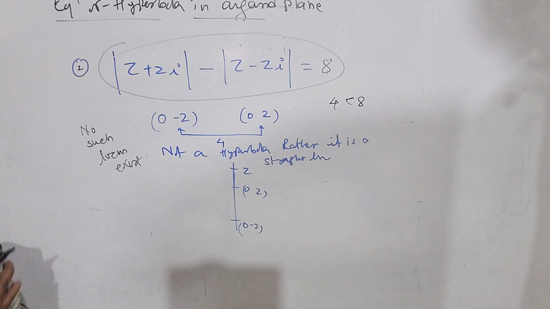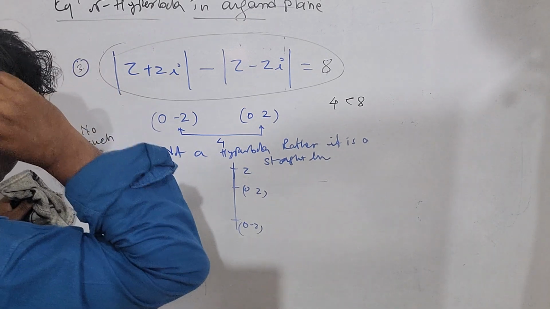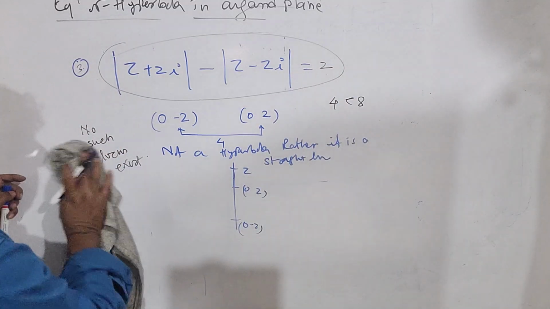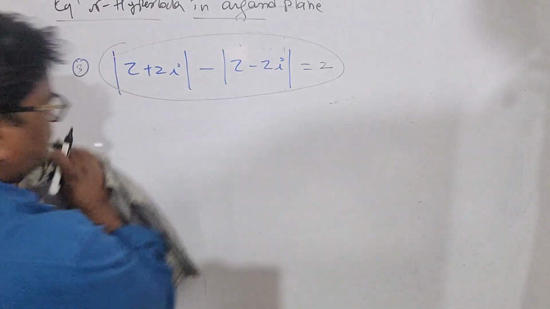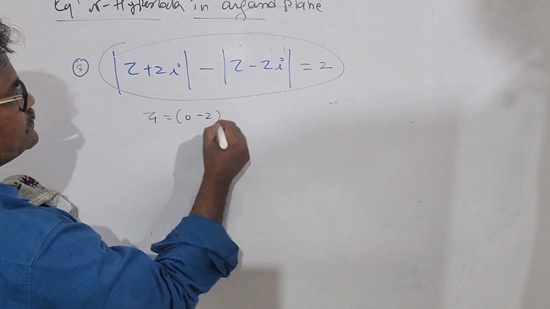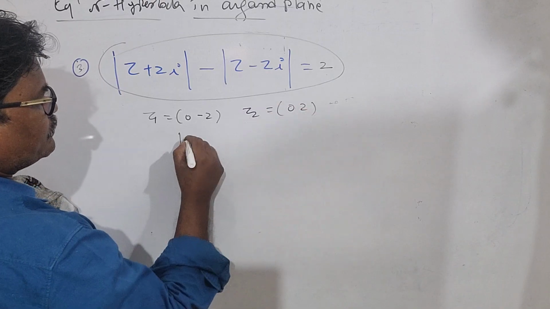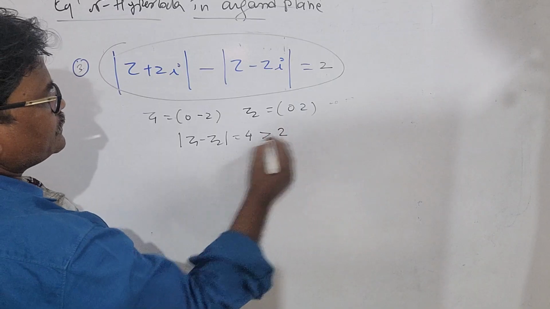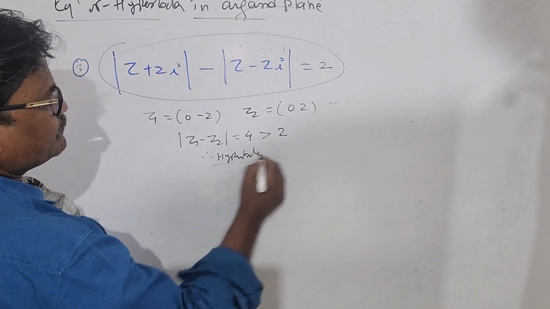And the third one: suppose that |z + 2i| − |z − 2i| = 2, then this definitely represents a hyperbola. Here z1 is (0, −2), z2 is (0, 2), and |z1 − z2| is 4, which is greater than 2, therefore it represents a hyperbola.